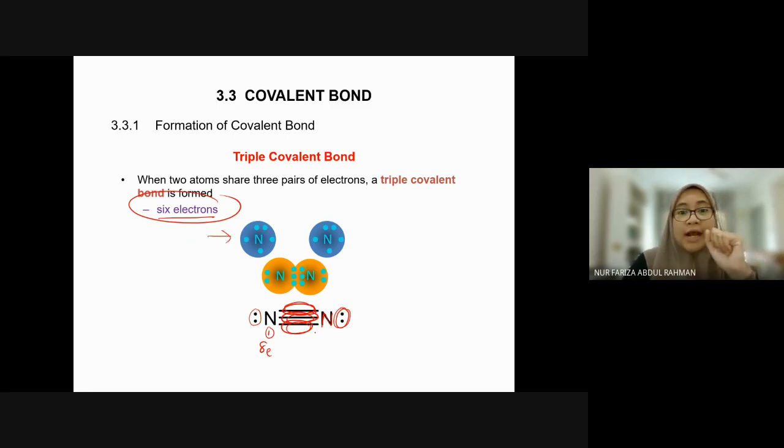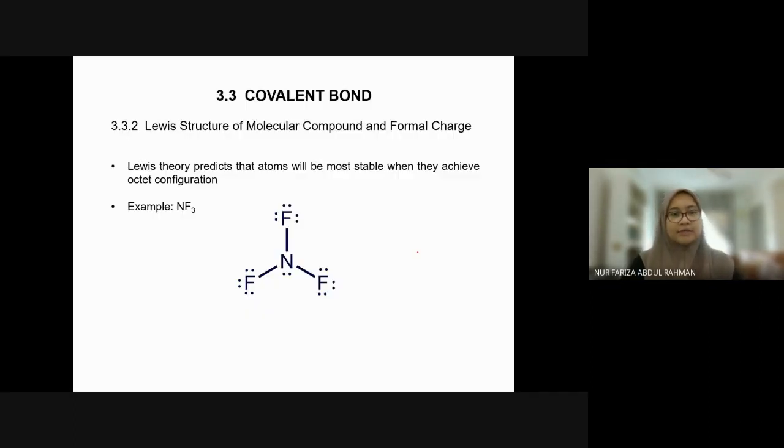So in total there are 8 electrons there. So it is still octet, with 3 bonding pairs or triple covalent bond. Okay, so Lewis theory predicts that atoms will be more stable when they achieve octet configuration. So everybody wants to achieve octet configuration. However, we have exceptions to that.